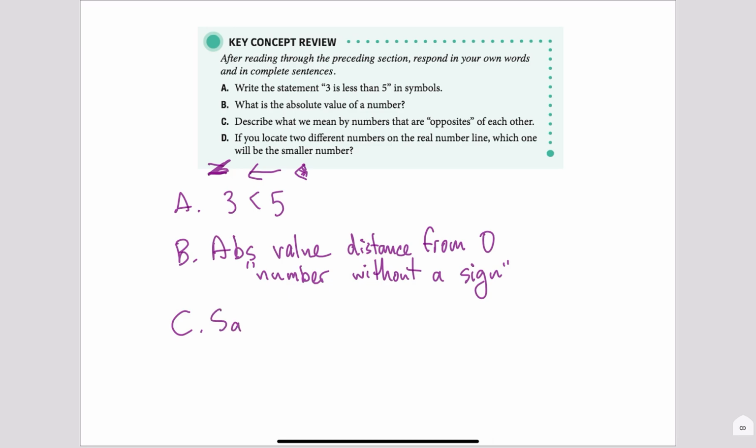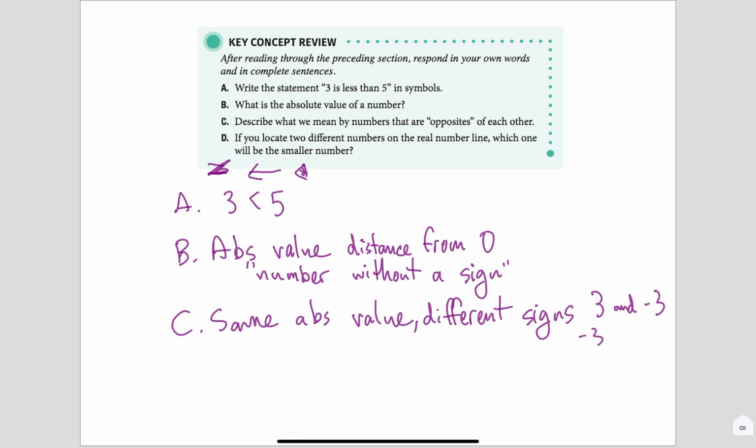So they have the same absolute value, but different signs. An example would be 3 and -3, or -3 and the opposite of -3. Right? These would also be opposites of one another.